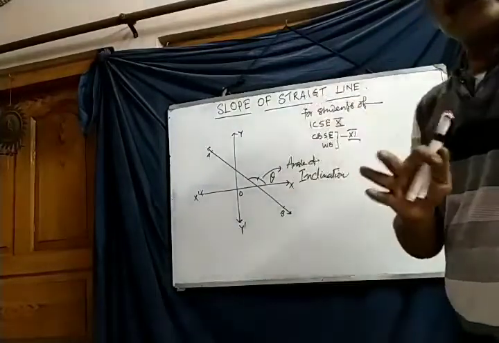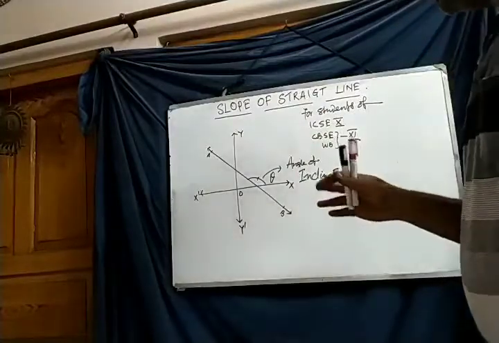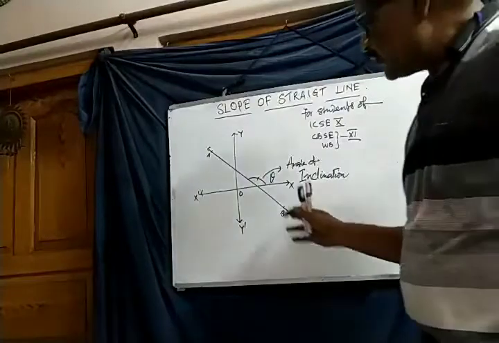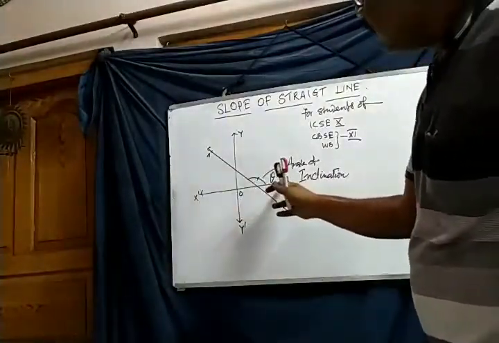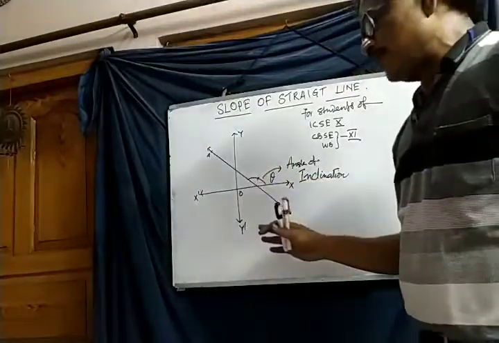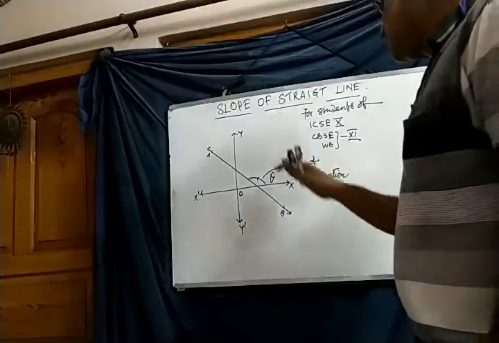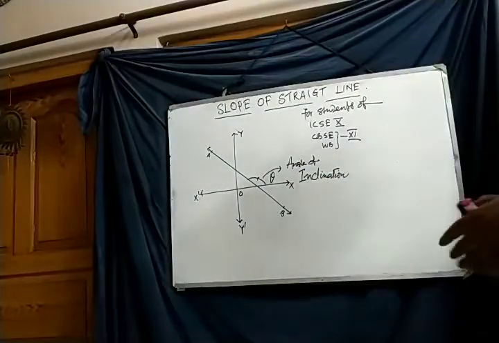The angle formed by a straight line with the positive direction of x-axis. Because the angle is formed in anti-clockwise rotation, so this is positive, and the positive x-axis rotates here. This angle is called angle of inclination.